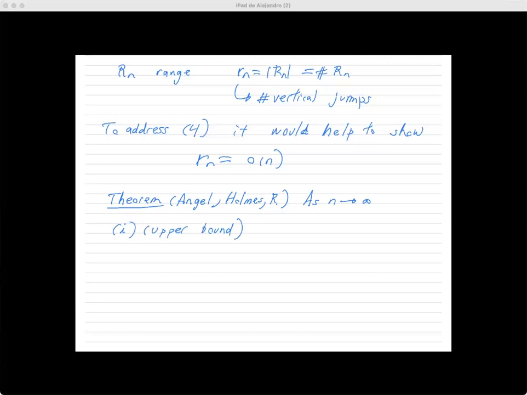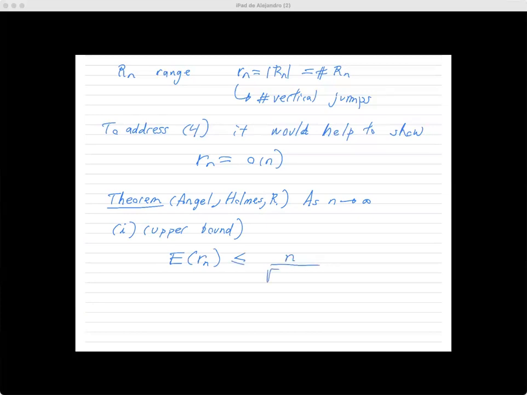And I'm going to state this here in expectation. You can say this also, make a statement in probability. But so the expected number of sites visited, actually it is little o of n.